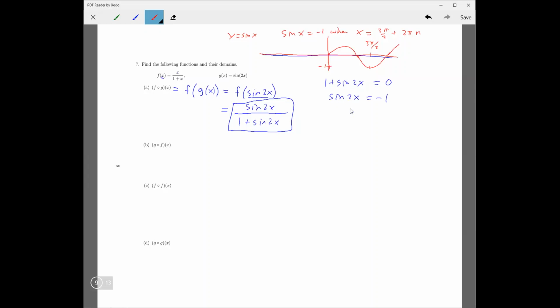But here we're dealing with sine 2x. So what does the 2 do to this graph? The sine 2x do to this.